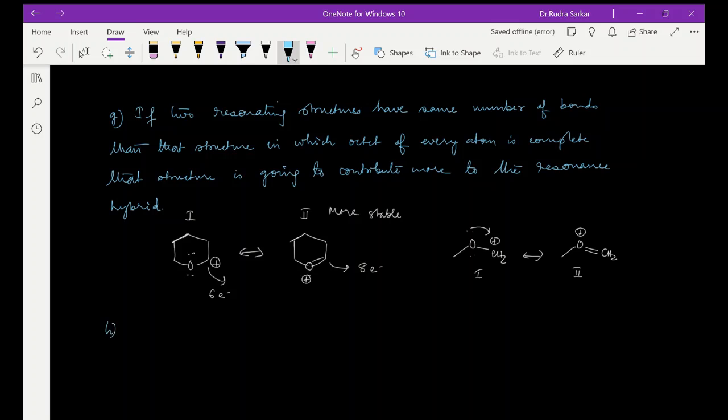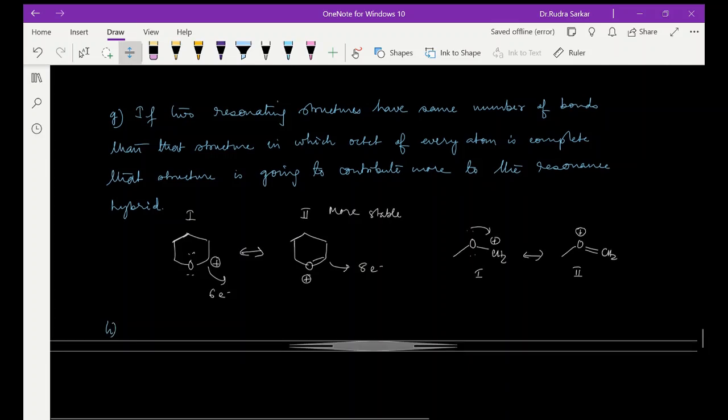What is the other rule? Let me increase some space.